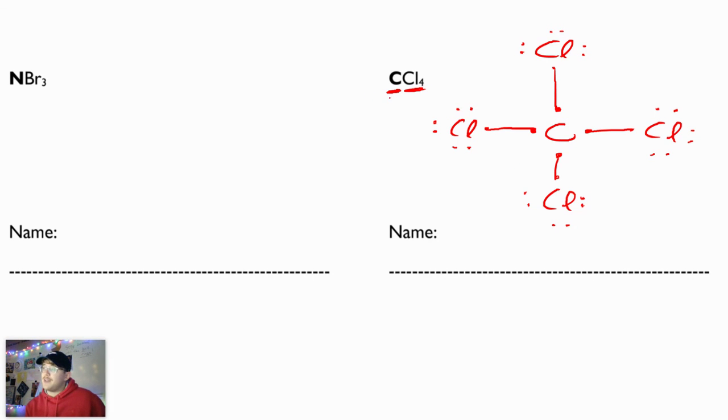So how do I name this? All right, well, it's covalent, so I need to use prefixes. But before I do that, let's just write the base of it. I've got carbon. And I got chlorine, so this would be chloride. Now I'm going to go back and add prefixes. Well, because the first element in the compound only has 1, okay, there's only 1 carbon, I do not need to write mono.